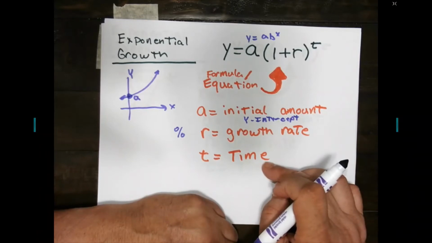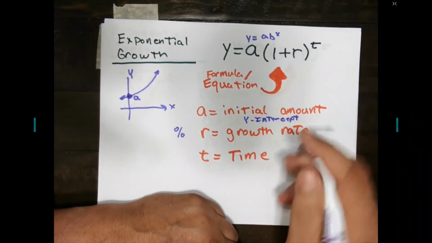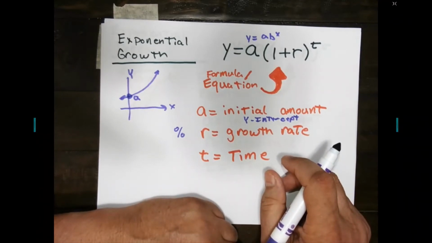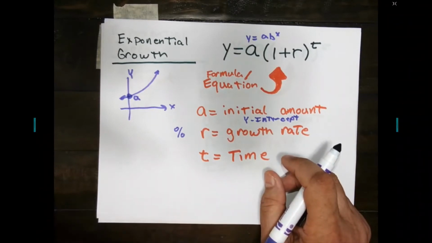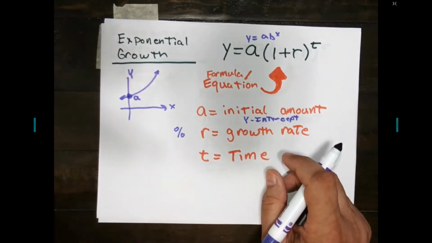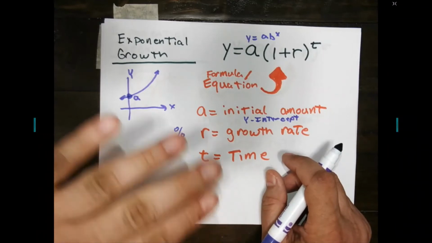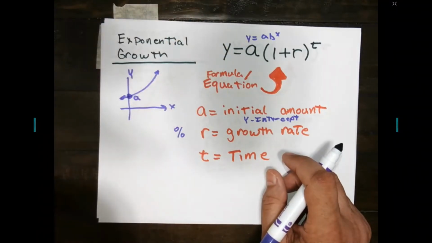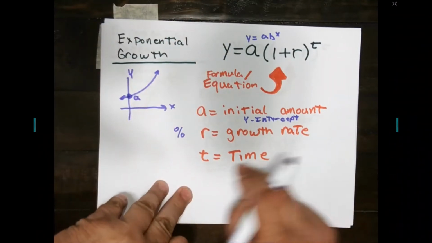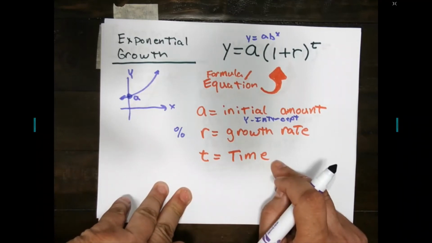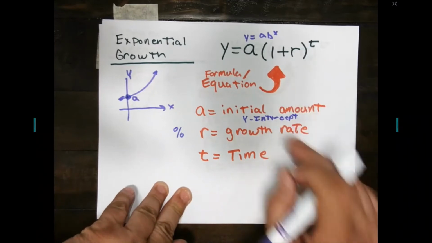T, usually for exponential growth, our x is t for time, because in the real world we think of time as time moves on, something changes: maybe we gain more money, we lose money, or we gain more popularity, or we lose popularity, or we gain more items, or lose things. So we usually use exponential functions in application problems with t for time.